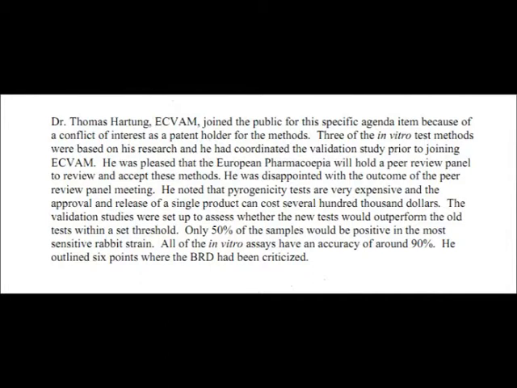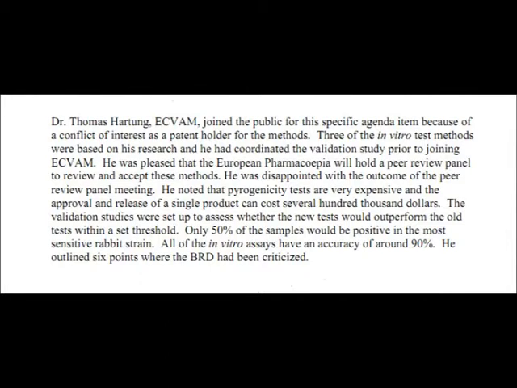So you can see here that there is a slight conflict of interest. I mean, he's trying to get these tests to be validated by the Americans, but he also has a patent. He is also a patent holder.